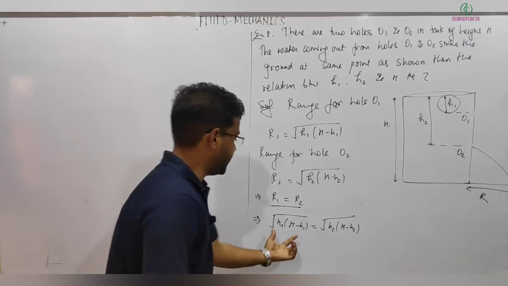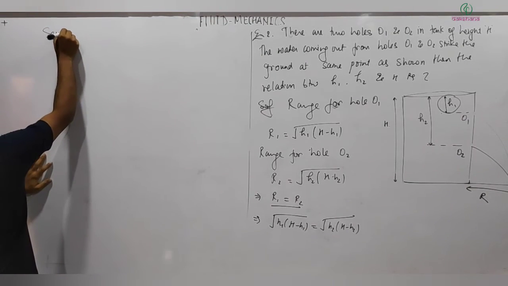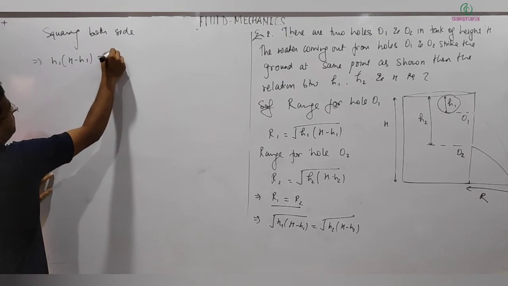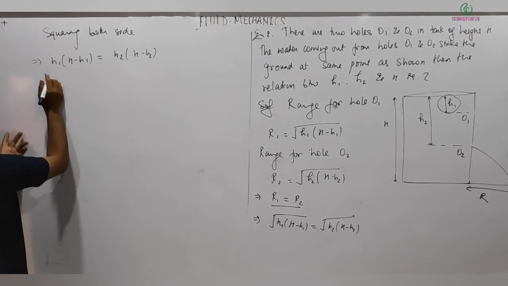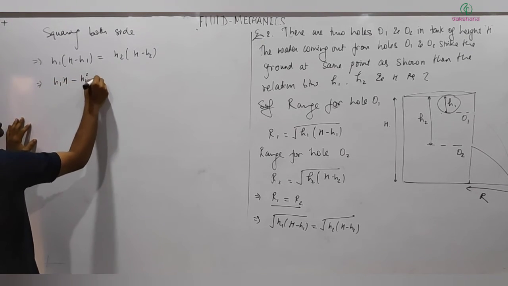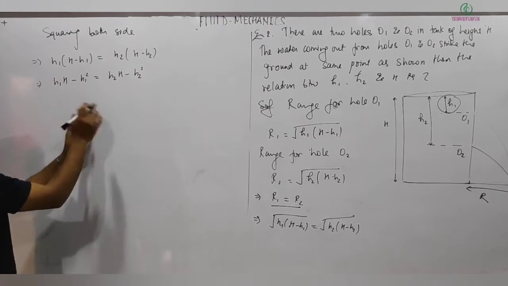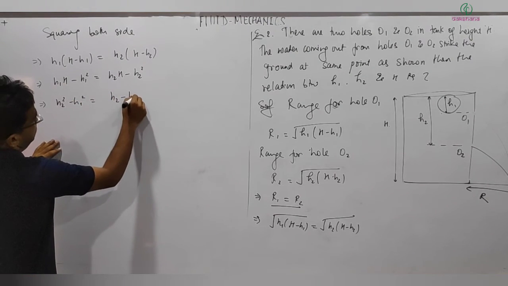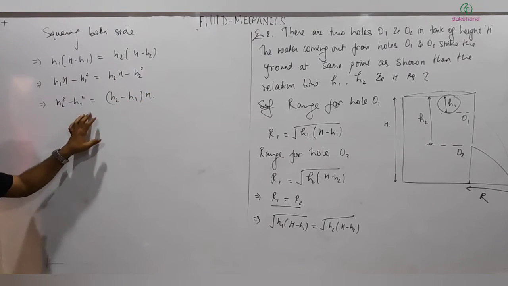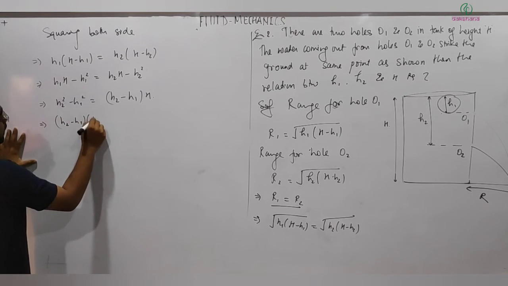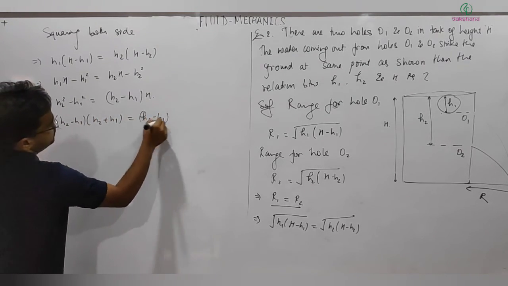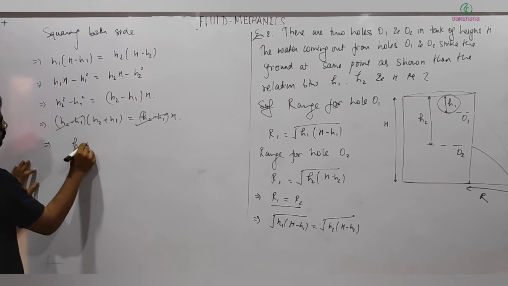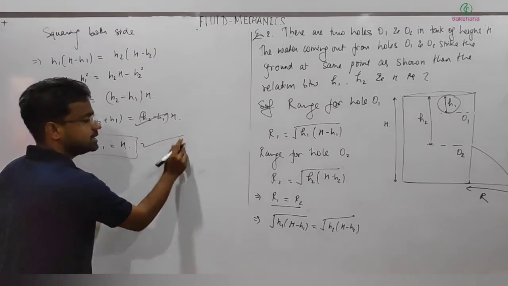So simplifying, squaring both sides, this implies H1 capital H minus small h1 squared, H2 capital H minus small h2 squared. Bringing this term to this side and taking capital H common, H2 square minus H1 square equals H2 minus H1 into H. A square minus B square is A minus B, A plus B. This simply gets cancelled out and we get the relation H2 plus H1 is equal to capital H, and this is our desired result.